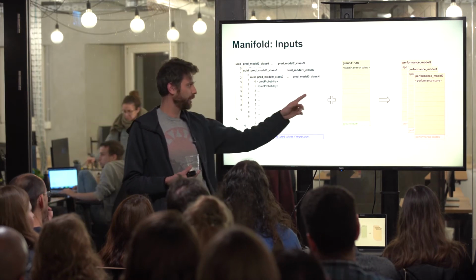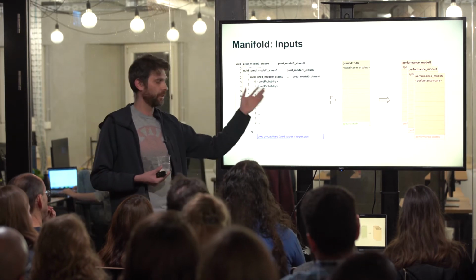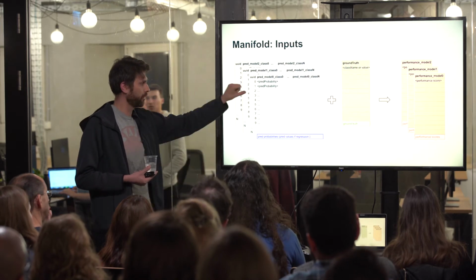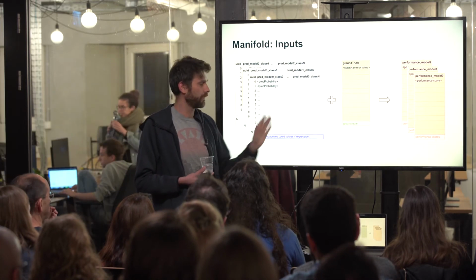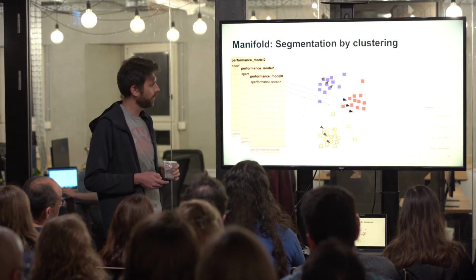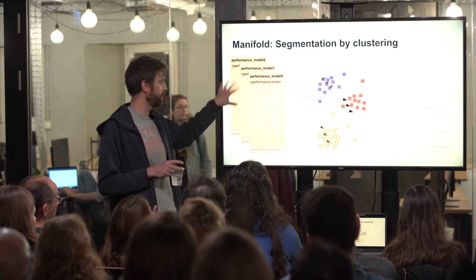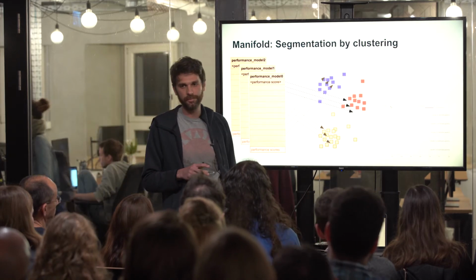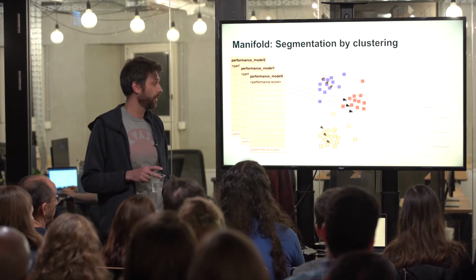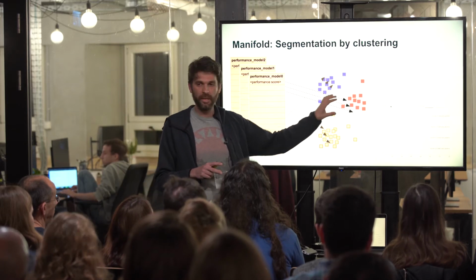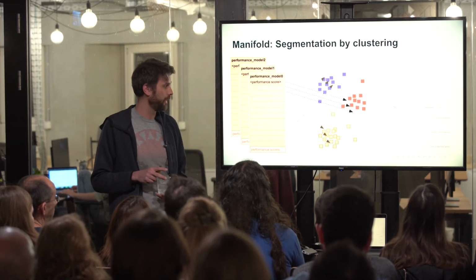And in the end, what we get is some performance metrics. So it can be log loss or any other metric that combines the predictions on different classes into one metric. And the next thing, and I think that's the original part here, is that those predictions are clustered automatically into segments that behave the same in the prediction space.